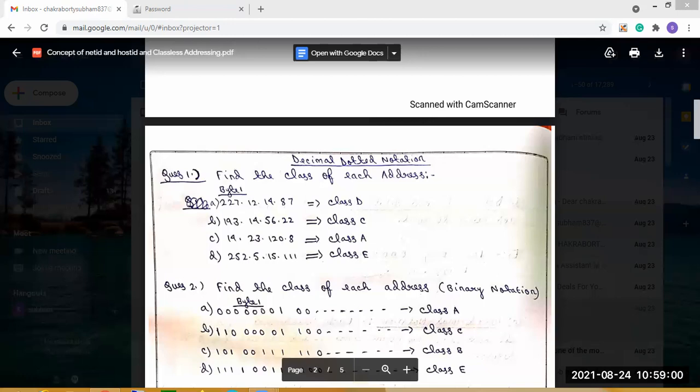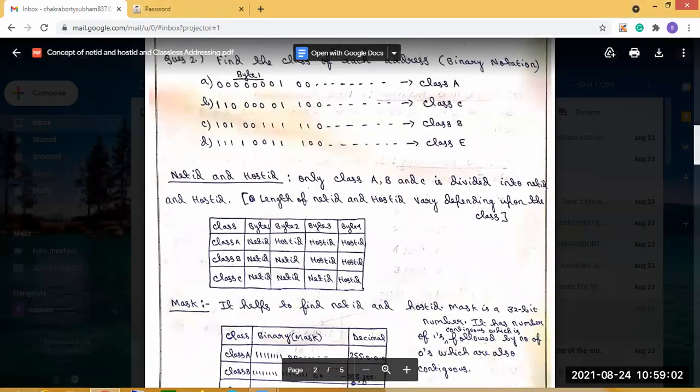We move to the net ID and host ID concept. Now it is going to be clear how we chose the IP addresses in the Cisco Packet Tracer, everything I have shown. It will be much clearer to you how we put the values in the discussion of the Cisco Packet Tracer. At that time, I was saying that we are taking a class C address, a class B address.